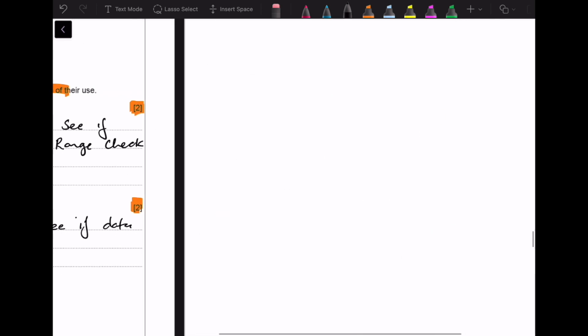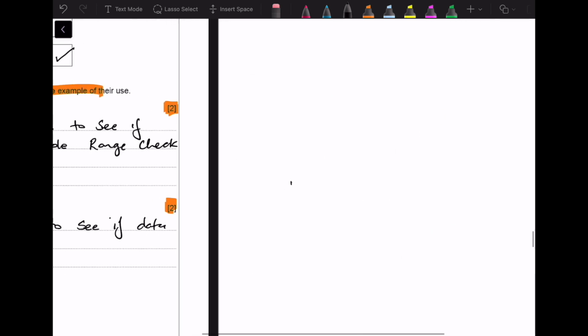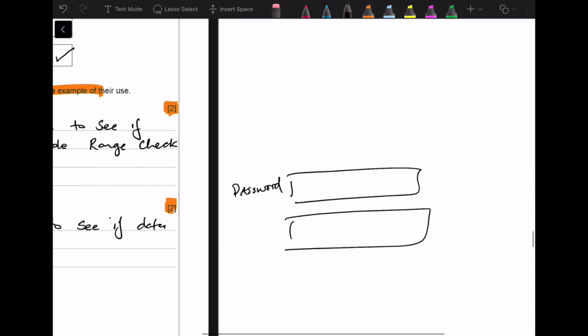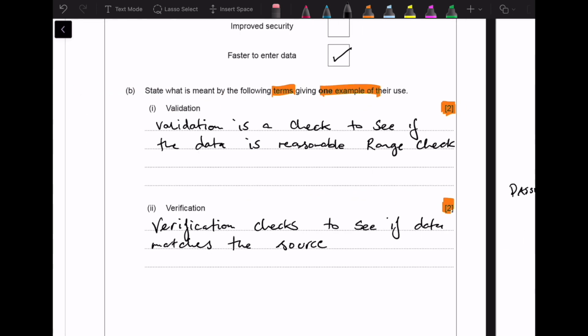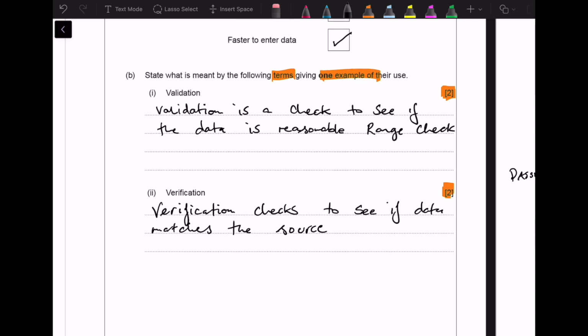So let's say, for example, you've got a sign up form and it's asking for a password. It may say re-enter your password here. So what it does then, it compares these two together to make sure they're a match. As an example then, that would be entering an email address in twice or entering a password in twice.